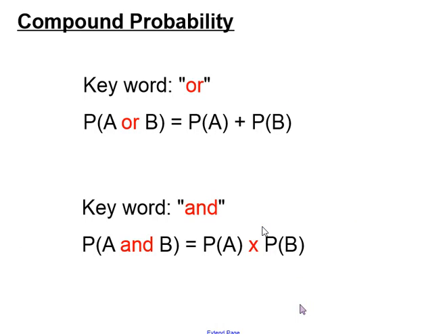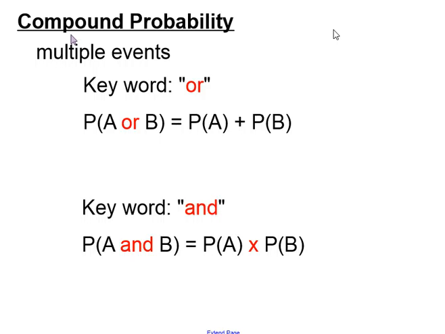There's 2 ways to do probabilities of things happening simultaneously. Compound probability is another way of saying multiple events. There's 2 keywords to look for within the text of the problem that are clues to the way that you should actually do the probabilities and come up with a final answer.